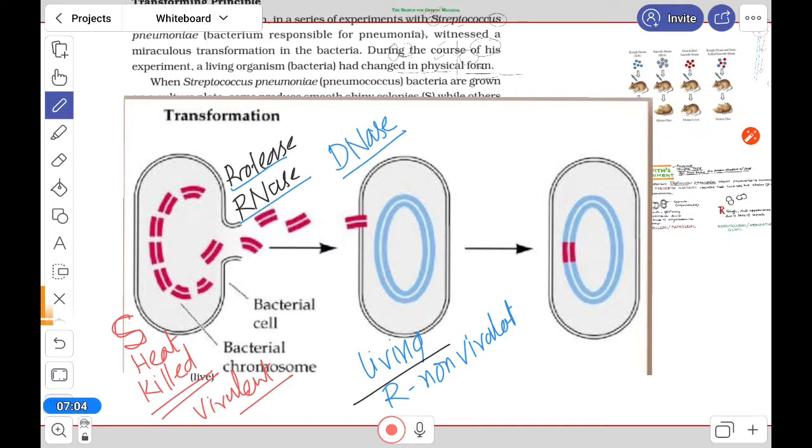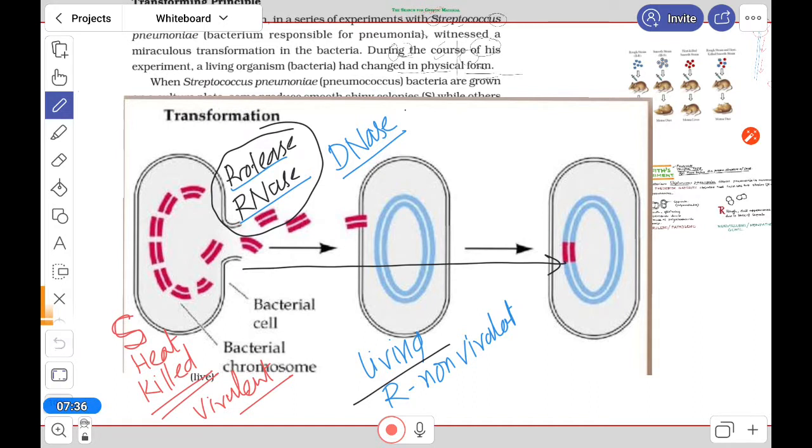Now the question is whether that shifted material is DNA or something else, RNA or protein. In 1933, Oswald Avery proved that it is DNA. He used two enzymes which can destroy protein and RNA. When he used these two, there was no problem, the normal transformation took place.